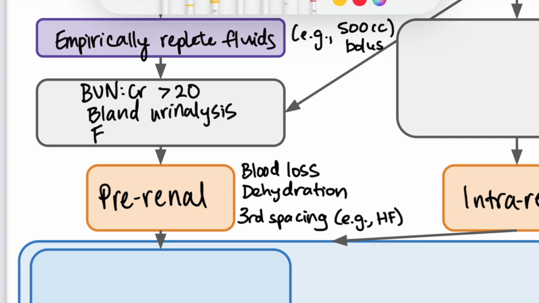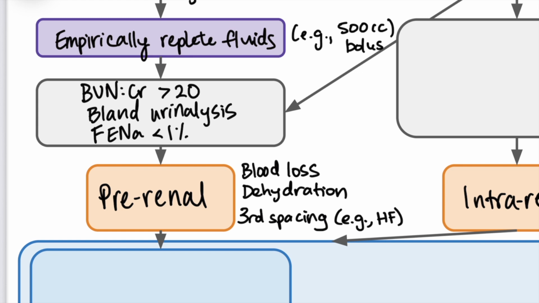If you happen to calculate a FeNa, or fraction of excreted sodium, it'll probably be less than 1%. This is because the body is using sodium to move fluids. And so if the body thinks that there is intravascular depletion, the body will hold on to sodium in order to keep fluid in the blood vessels.